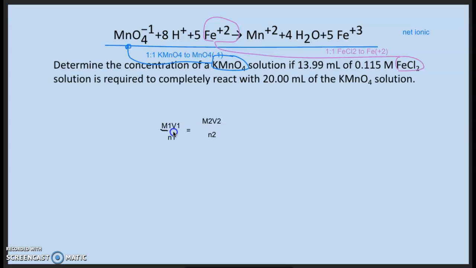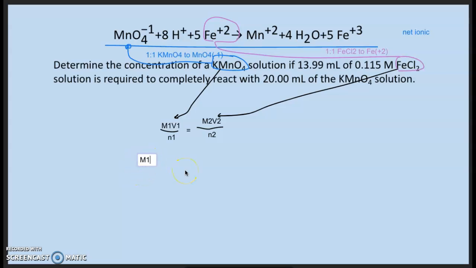And so if I have both of these, and they're both ratios, they're both fractions, I can start plugging in values. I'm just going to use potassium permanganate as my 1, iron chloride is going to be my 2, and I can plug these in and have it make complete sense to me.